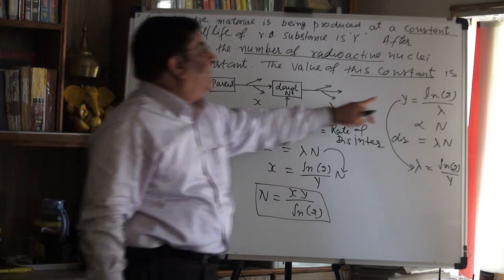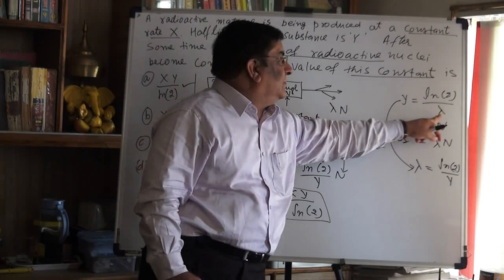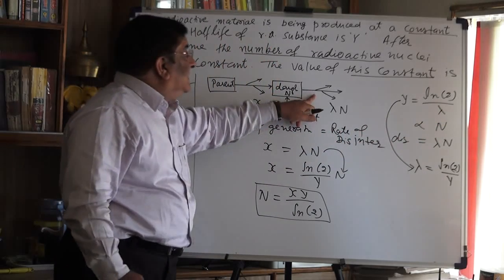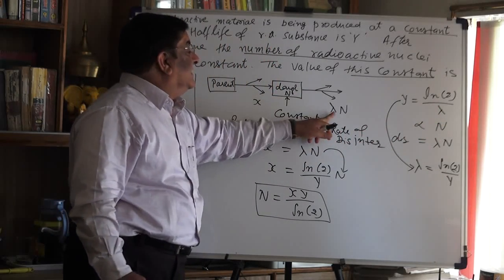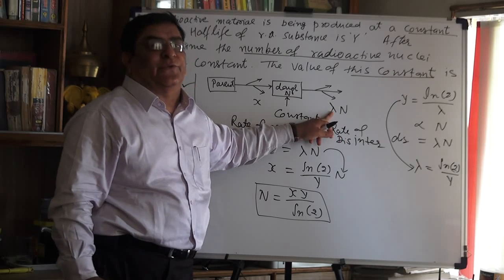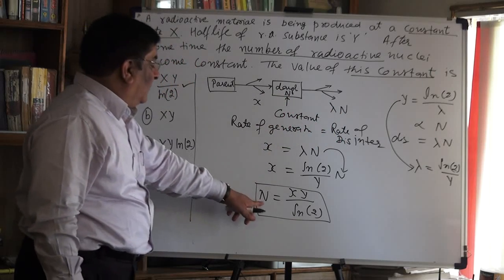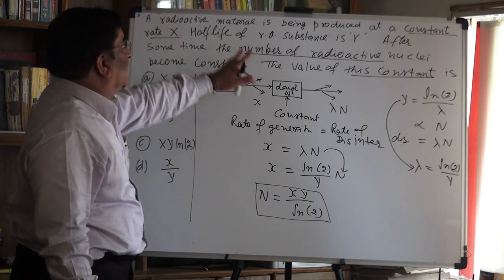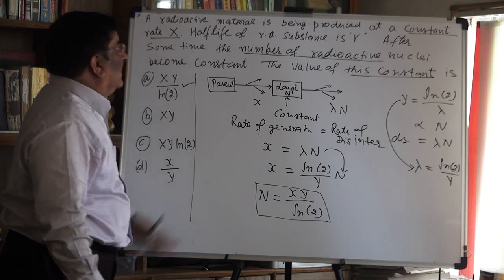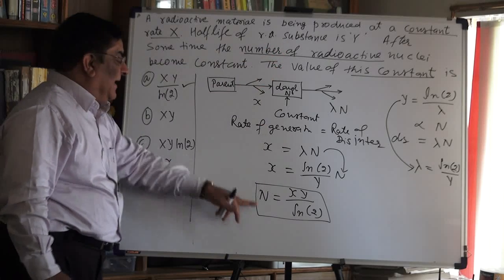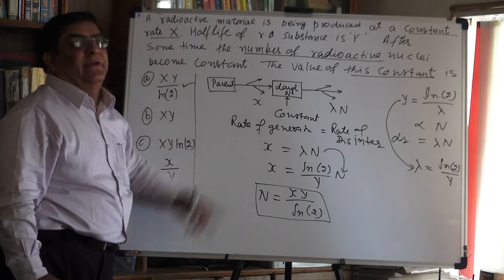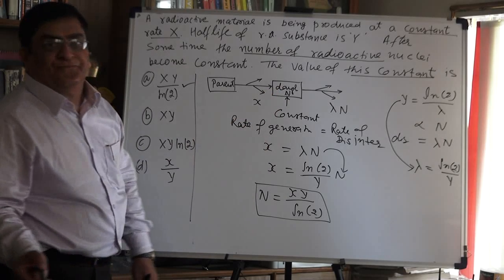So we must remember the half-life formula related to lambda, the disintegration constant, because this disintegration is lambda into n. We are going to use lambda here. So in this way we could find the value of n, which is xy upon log 2. So this is the number of radioactive nuclei, and at the given rate, if this condition is met, then this will remain constant.